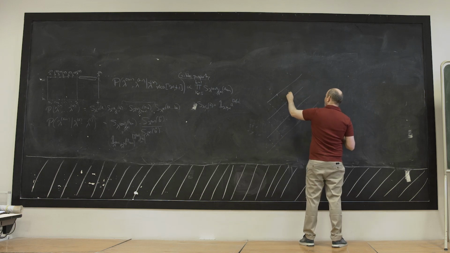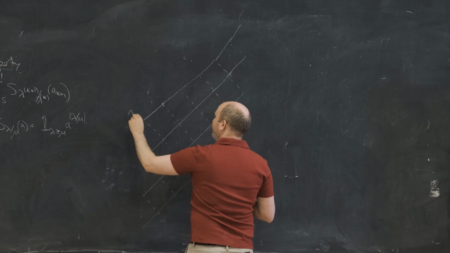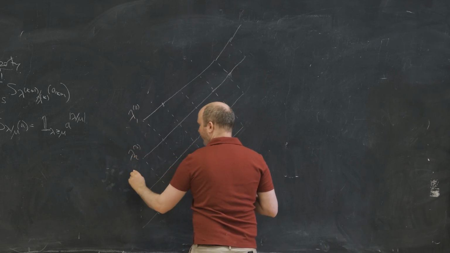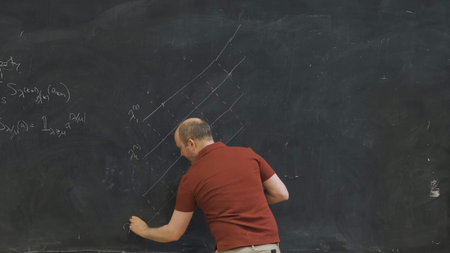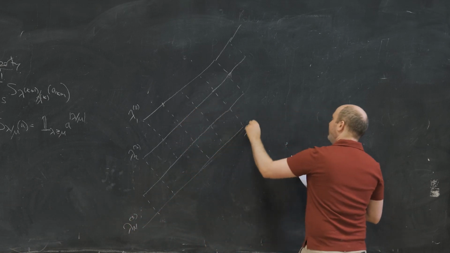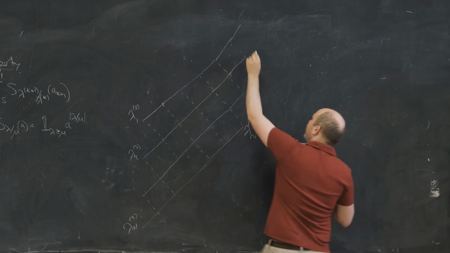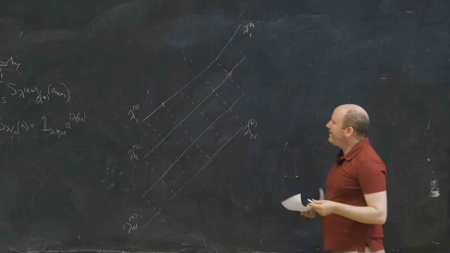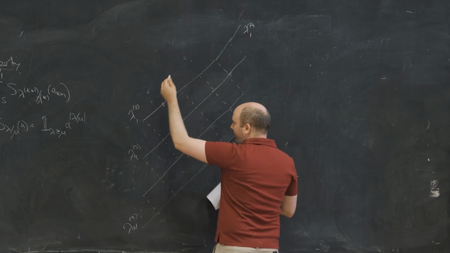Okay. And so here I have my lambda S1, lambda S2, and lambda Sn. And then here are my lambda t's. And every other point inside of here is labeled.